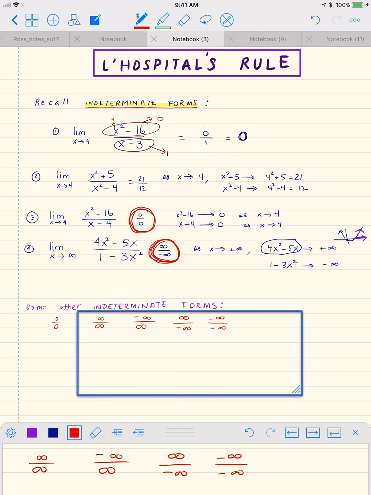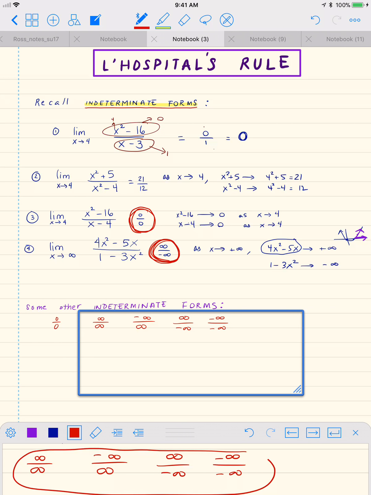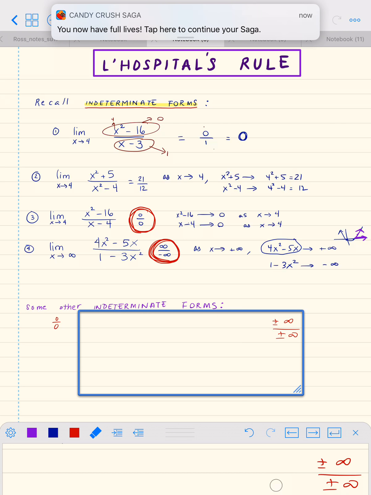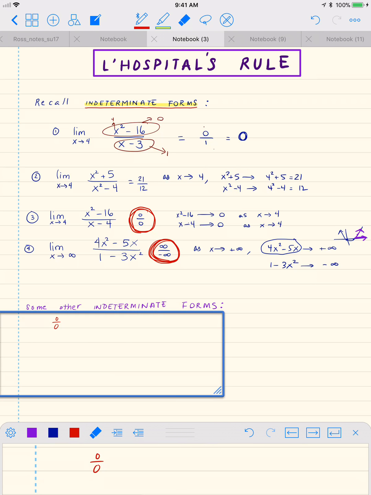So we could wrap up all of these and just write this as plus or minus infinity over plus or minus infinity. So that'll kind of clean things up. So 0 over 0, plus or minus infinity over plus or minus infinity.